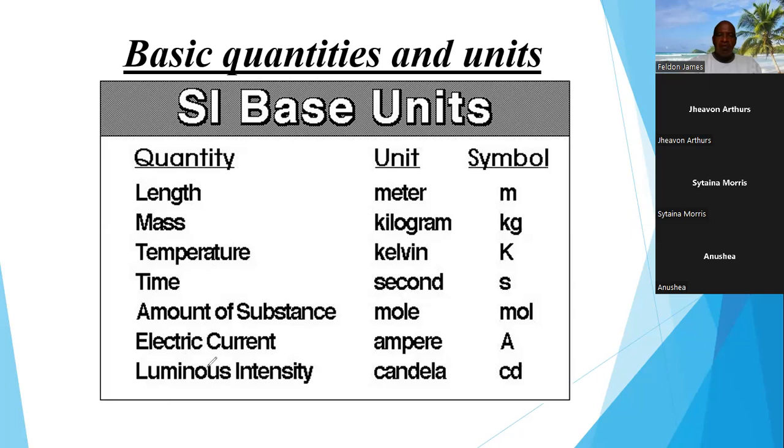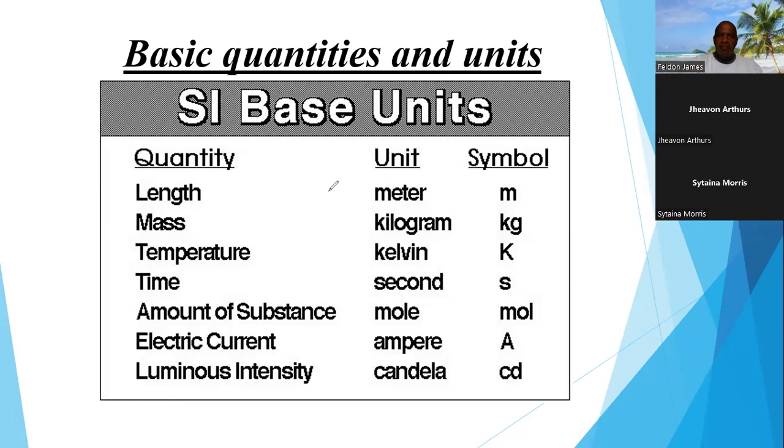Now, when we talk about luminous intensity, what comes to your mind, anybody? All right, so light comes to your mind, Mr. Arthur. Now, when we say luminous, we're talking about light.